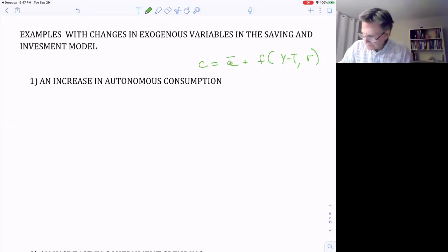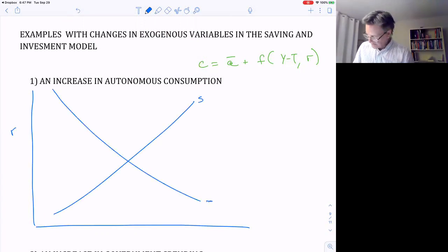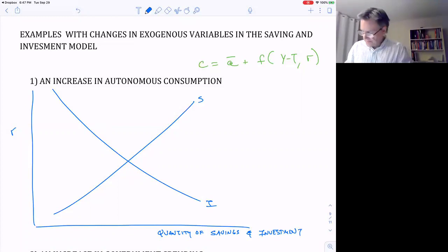First, let's draw the model. We've got real interest rate here. We've got a savings function, an investment function, and down here will be the quantity of savings and investment. I write quantity there so you don't confuse it with S up here, which is S for the savings function.